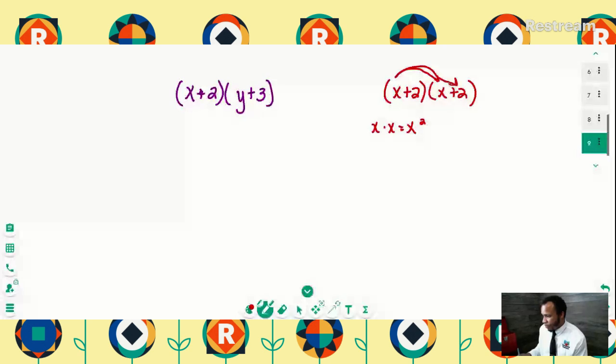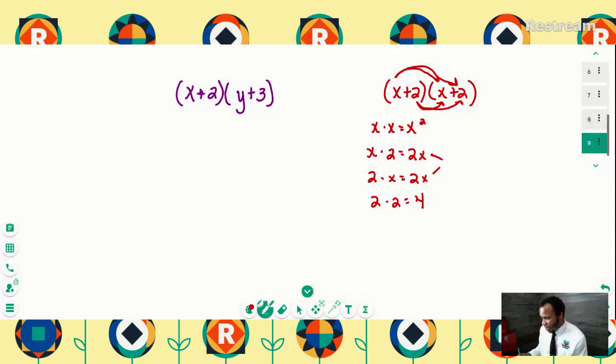Next we'll multiply x times positive 2. That'll give you 2x. 2 times x will give you 2x. And 2 times 2 will give you 4.